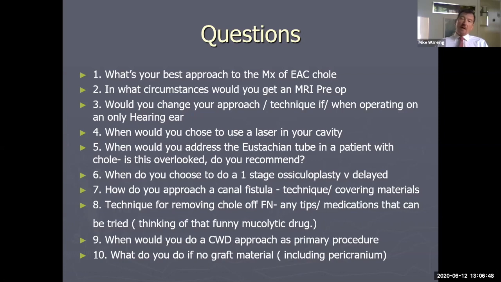Most of the time, I would be attempting to take the skin off and then repairing it, and for this it can be quite tricky. Sometimes the skin comes off quite easily. Often with a fistula, there's just a little bit of blue lining.